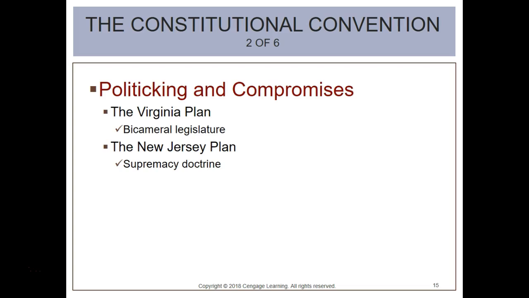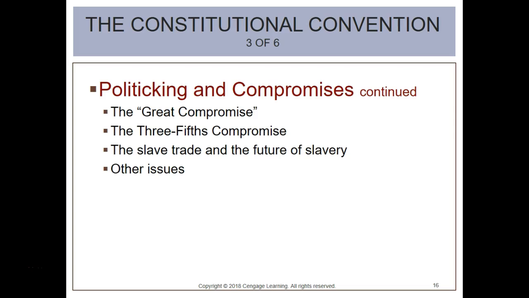The next thing, continuing on, the book talks about is the 3/5 compromise, and there was a lot of discussion about that as well, because it basically had to deal with slavery.